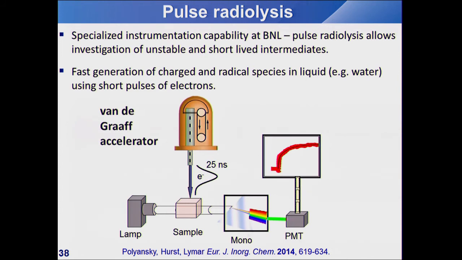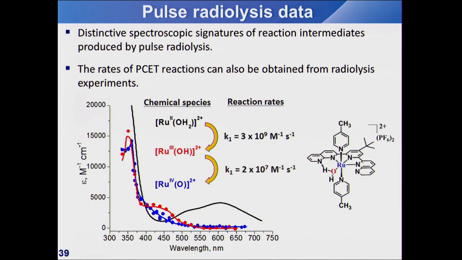And these species have very specific spectroscopic signatures, so we can tell which species we make and how they interconvert into each other. And then we can measure their properties and compare them with other measurements. For example, on this graph, I'm showing you the spectroscopic signatures of 3 distinct species we've studied.